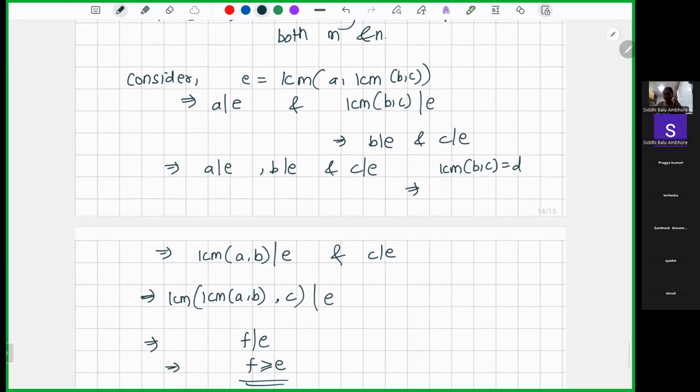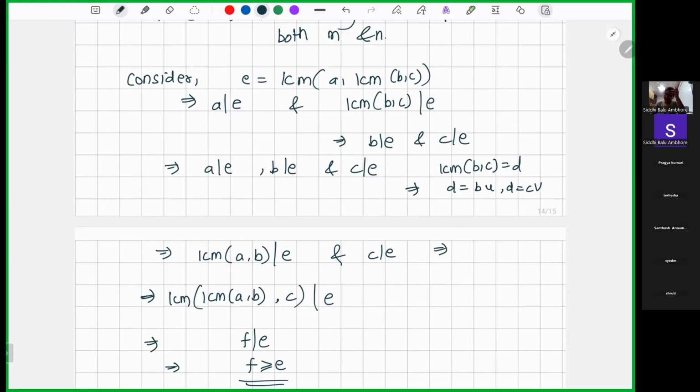This looks correct, but we also need to check. So what does this mean? D is some b times u, and D is some c times v.